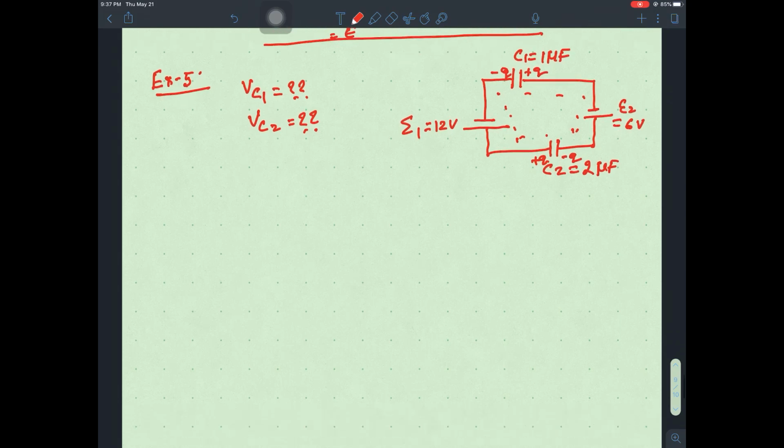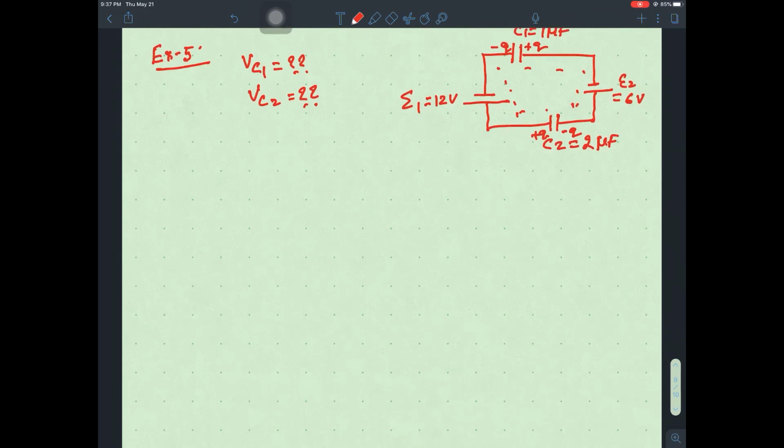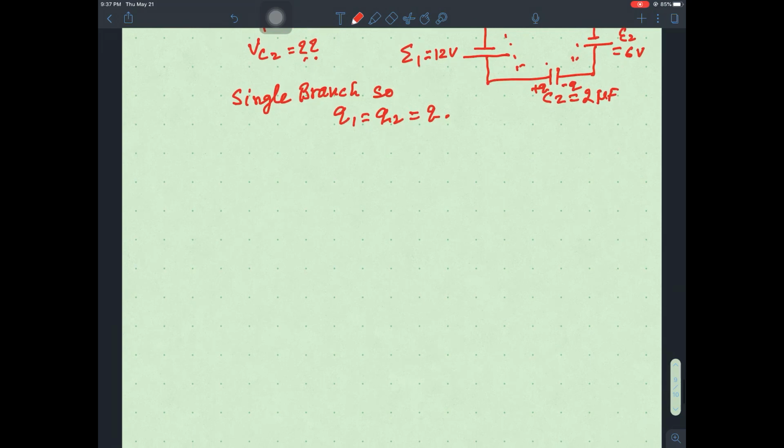Because it is a single branch, so charge will remain the same. So Q1 is equal to Q2 is equal to Q, say.